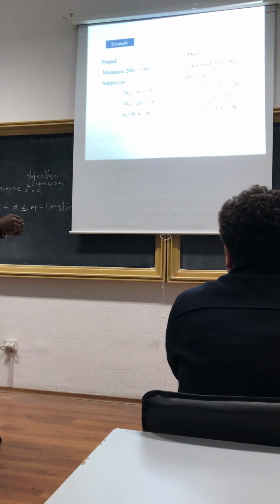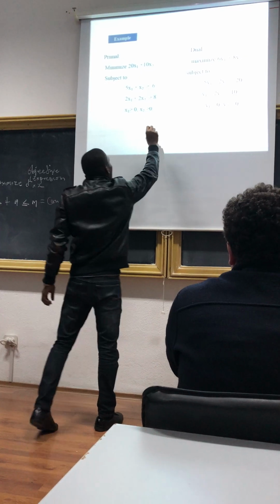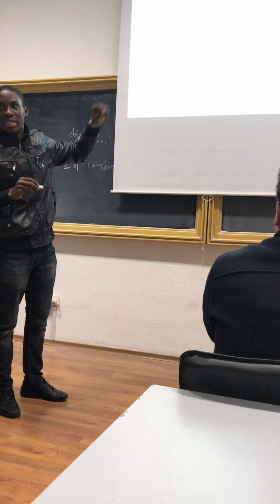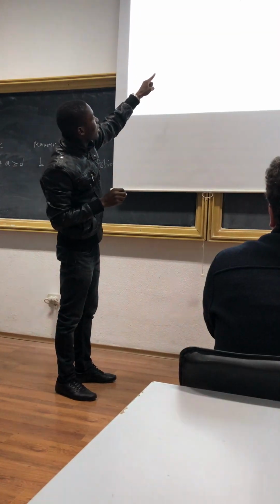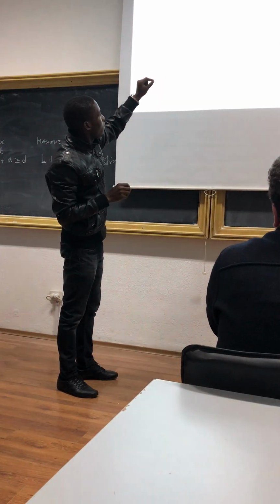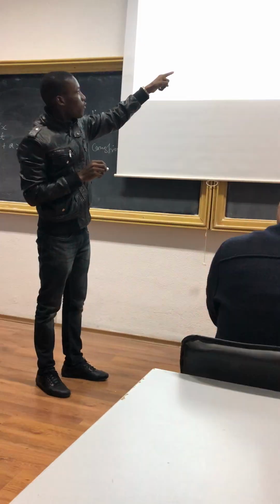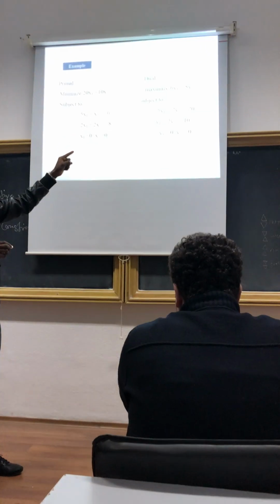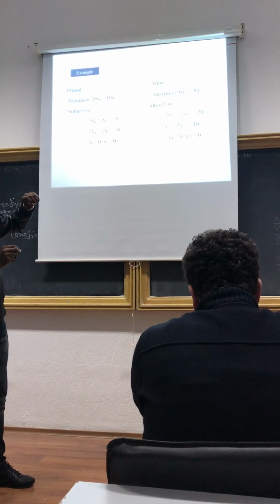In the dual problem now, our constraints are now the objective function, which we are to maximize. Here we have constraints of greater than or equal to 6 and greater than or equal to 8. So the objective function for the dual problem is 6y1 plus 8y2.